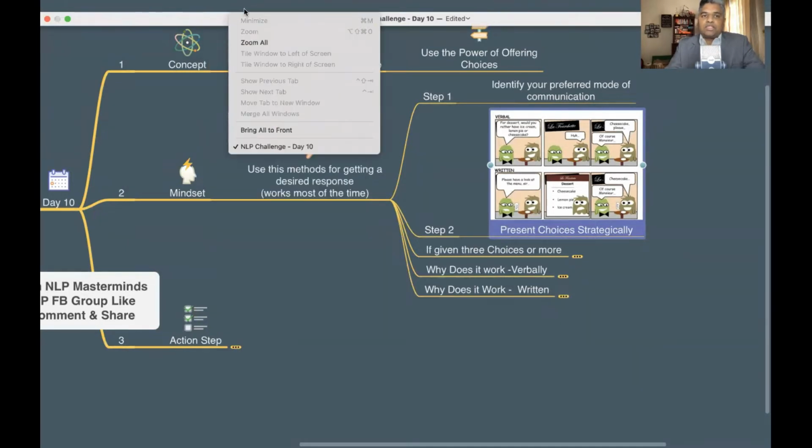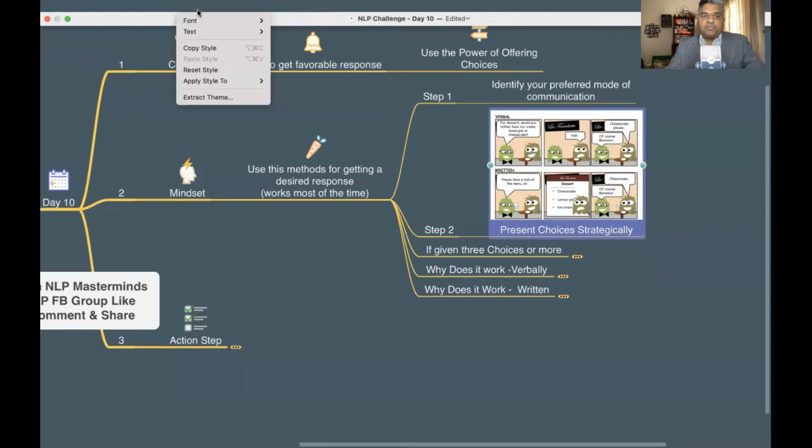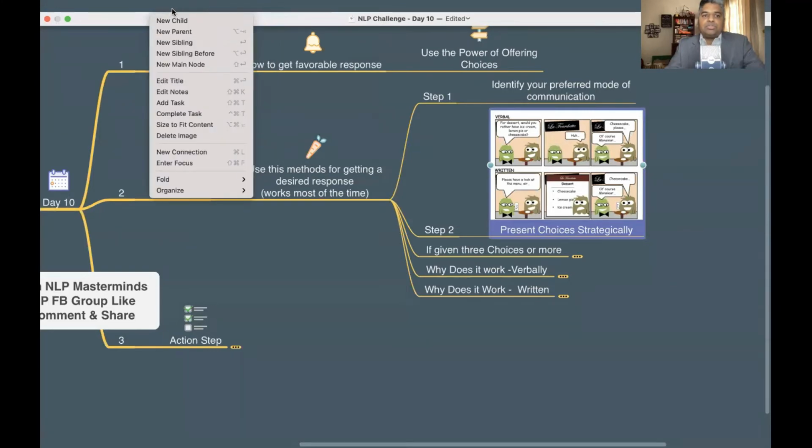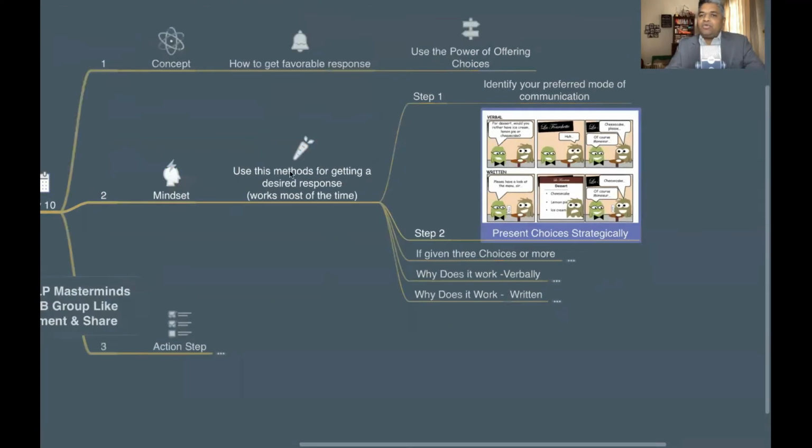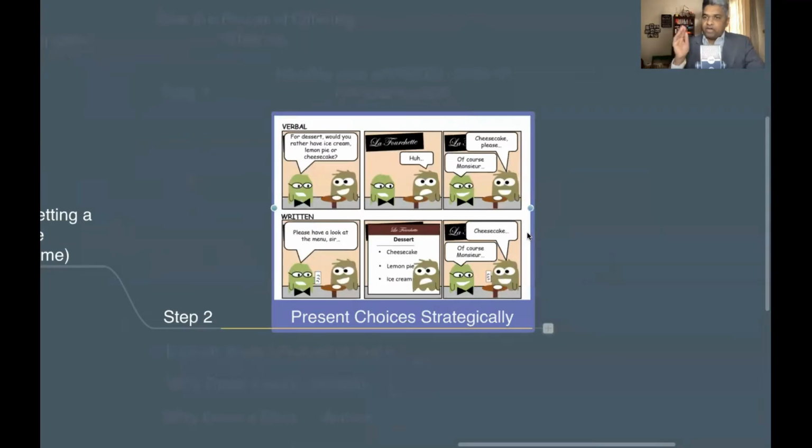There are two ways you can get your favorable response. Are you going to have this conversation verbally, or are you going to have a written conversation?